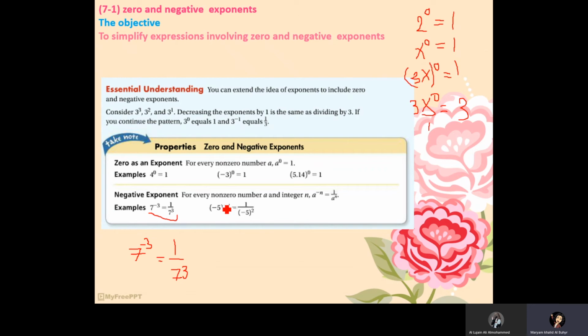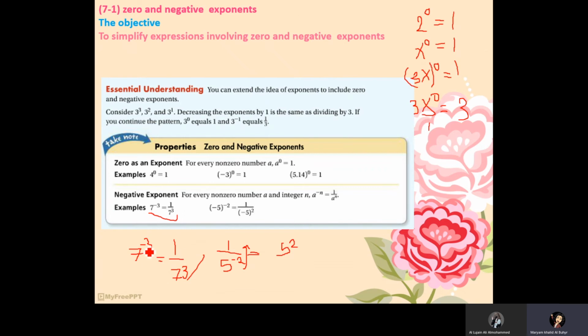If you have the opposite, for example, I will give you something from my mind, 1 over 5 to the power negative 2, how can you write this as a positive power? Just the opposite, move it up. Then say it's 5 to the power 2, and so on.